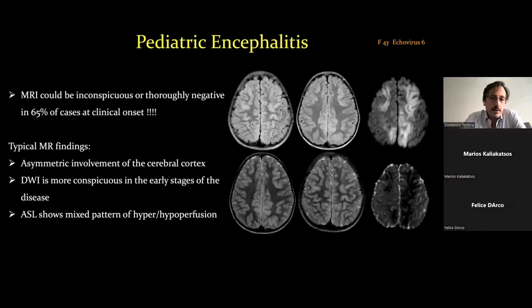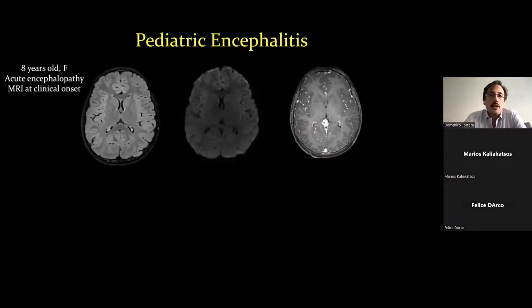The most frequent MR findings at clinical onset are the asymmetric involvement of the cerebral cortex, in particular hyperintensity in T2 and FLAIR, associated with restricted diffusion and cytotoxic edema with swelling of the affected region of the brain. Arterial spin labeling and brain perfusion studies may provide useful information also in this group of patients.